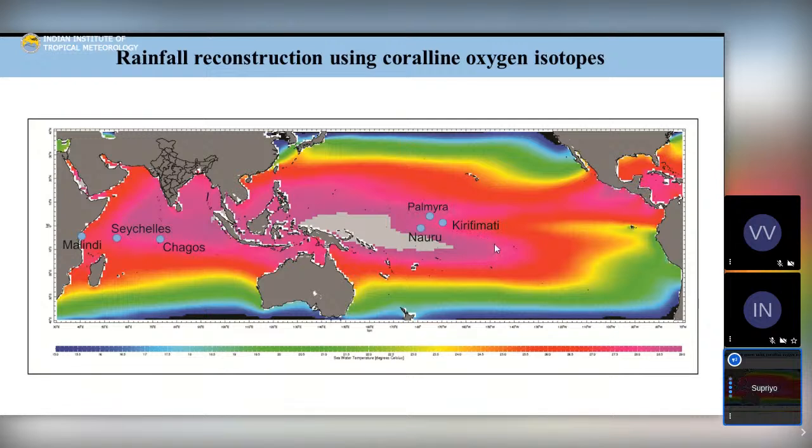It is well known that during El Nino time, the monsoon intensity is less. And because of this dependency, the corals growing in the equatorial Pacific region are expected to have more potential than the corals growing in the equatorial Indian Ocean region.